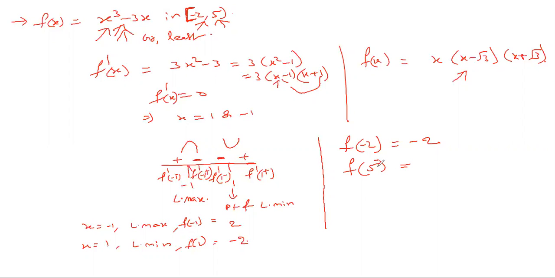So the limit as x tends to 5 minus of x cube minus 3x. Its value will be 5 cube minus 3 into 5, which is 110. We got all the respective values.